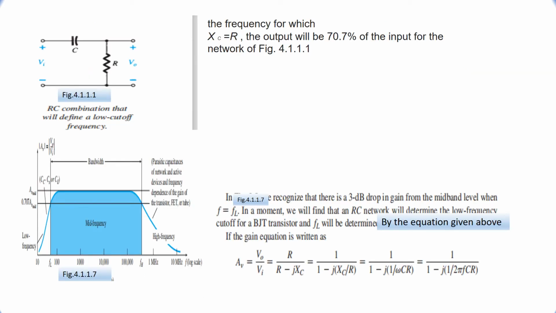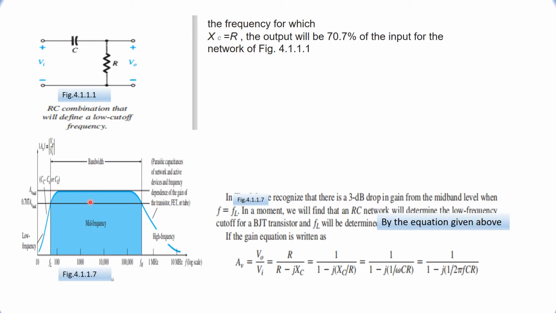This slide will help you in understanding the actual response when Xc is equal to R. What will be the effect of it? When Xc is equal to R, the output will be 70.7% of the input signal, which is shown in this figure.